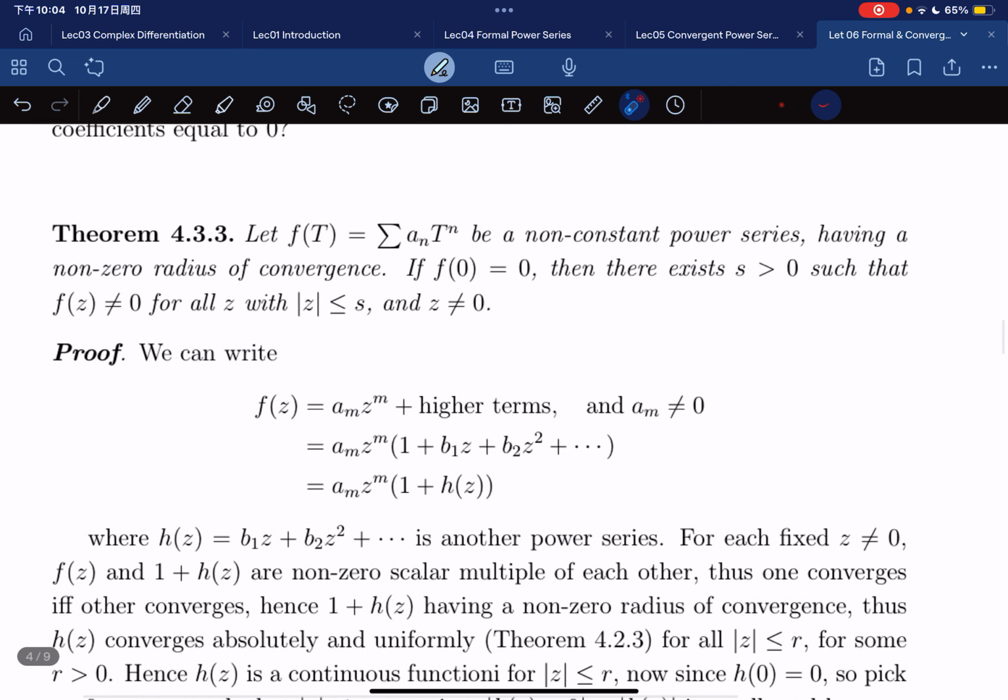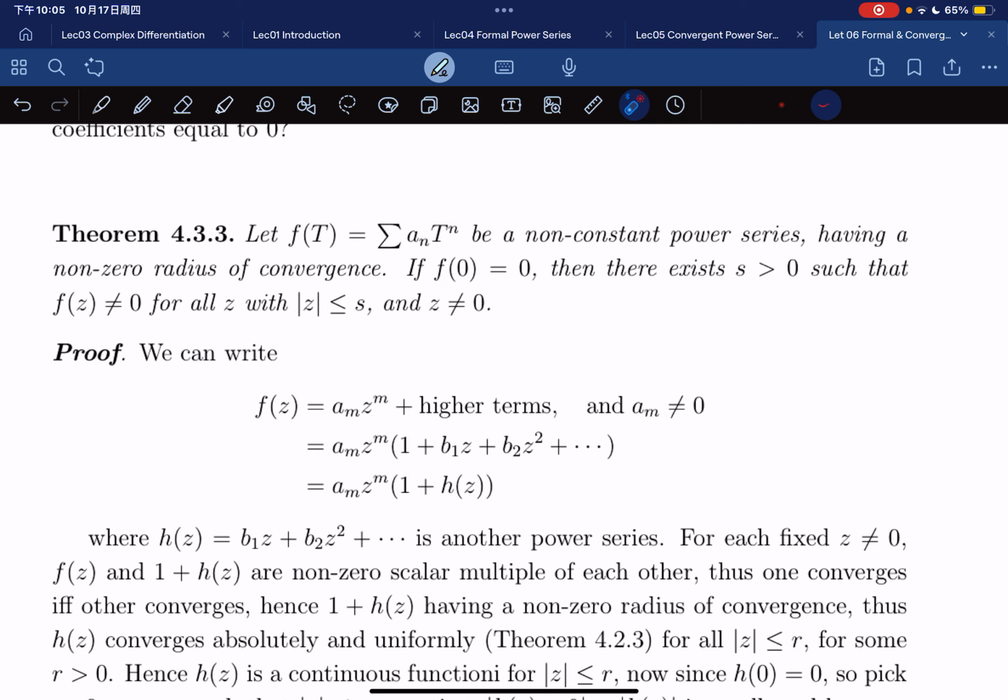It says that for a non-constant power series having non-zero radius of convergence such that f(0) is 0, so the constant term should be 0, then there exists s such that on the disk |z| less than or equal to s, it doesn't vanish for z not equal to 0.